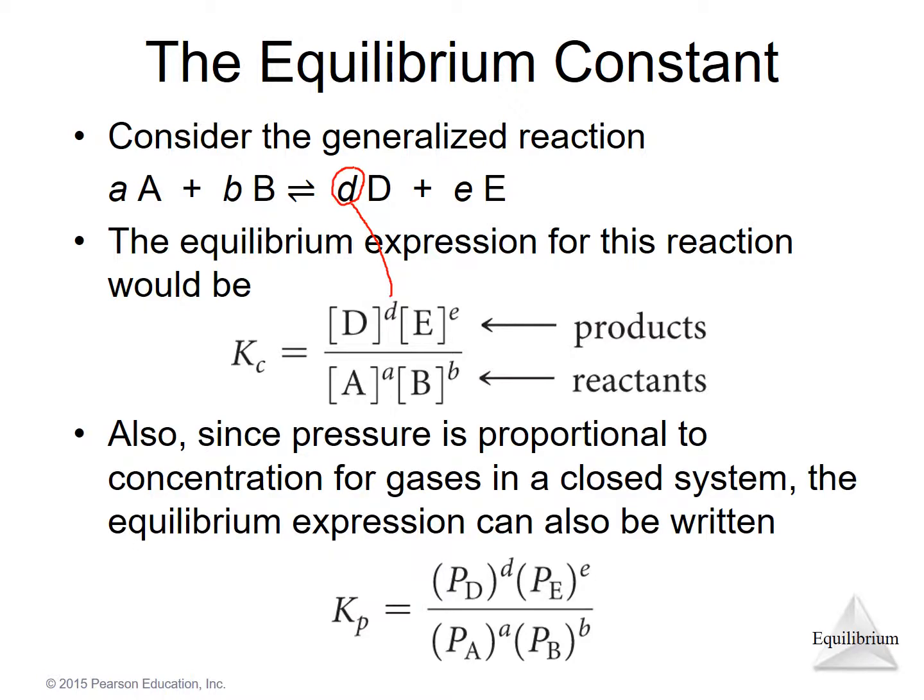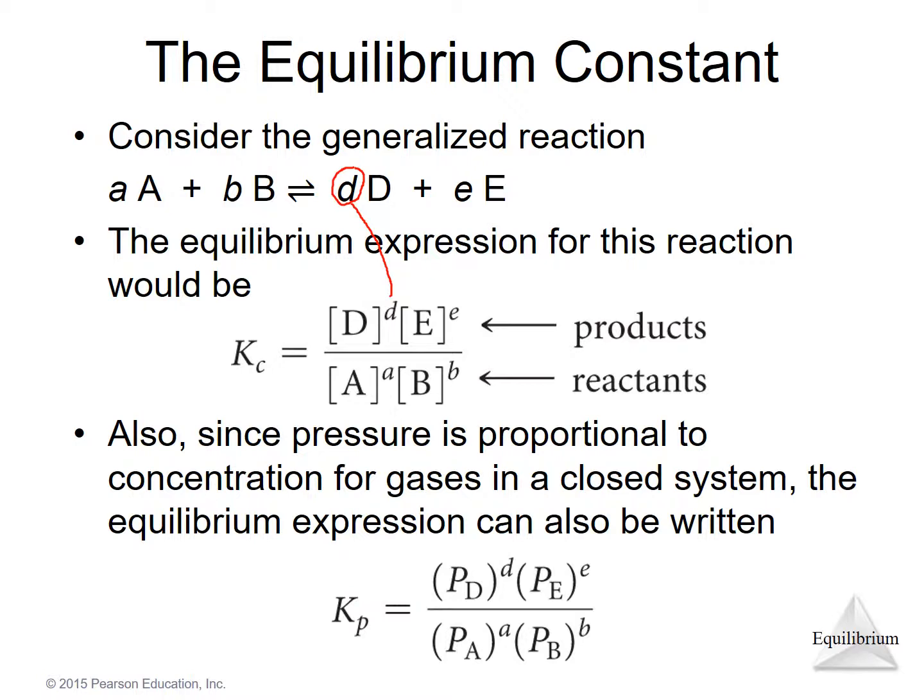There's another definition that's commonly used, and that is when the reaction involves gases, we realize that pressures are proportional to concentration, so that the equilibrium constant can be defined in terms of pressures instead of molar concentrations.